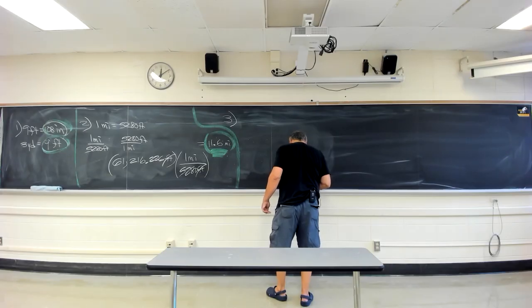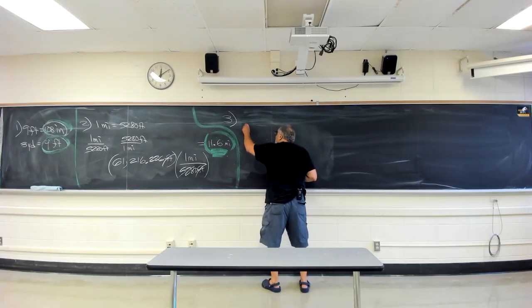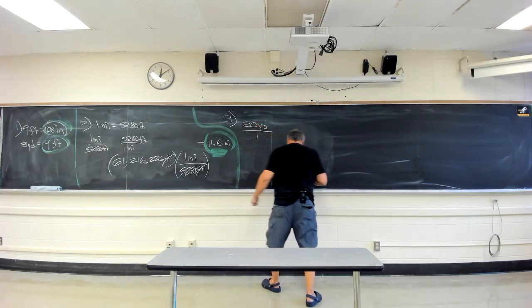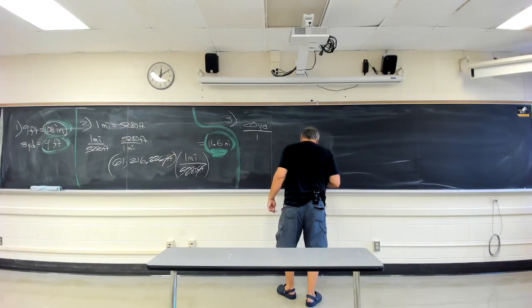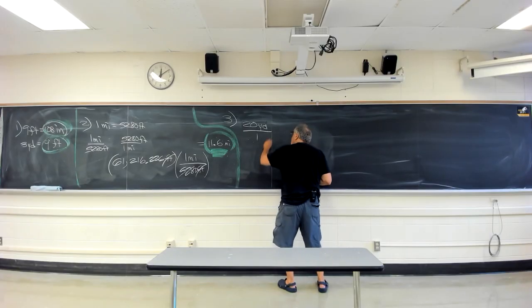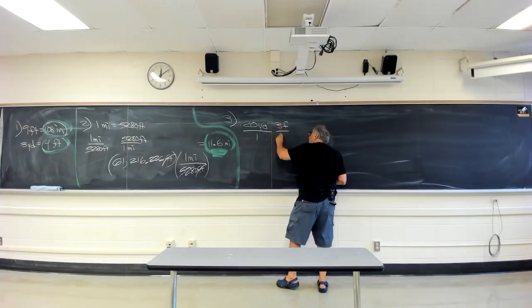Okay, let's see what they're trying to say here. Person's talking about 20 yards. Covering distance, 20 yards. There are 3 feet for every 1 yard.